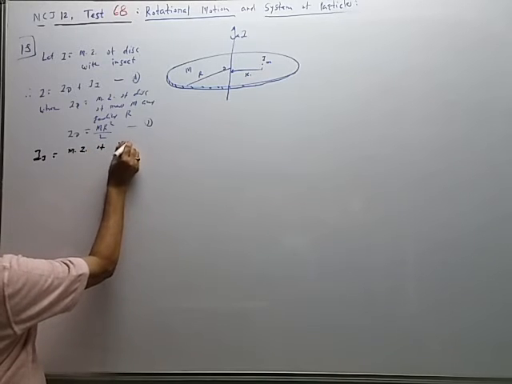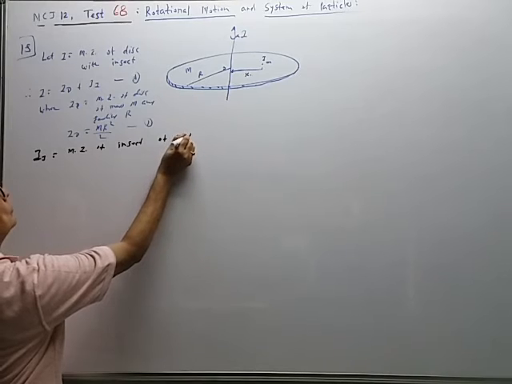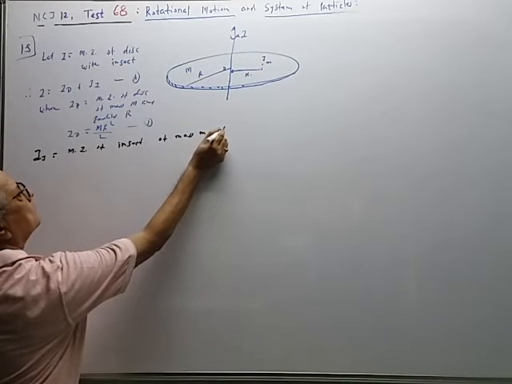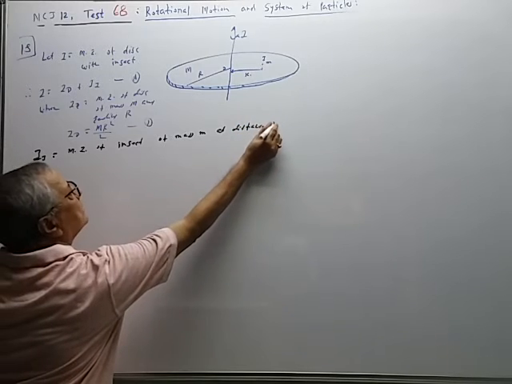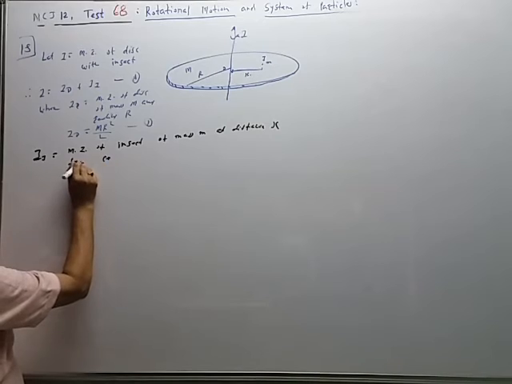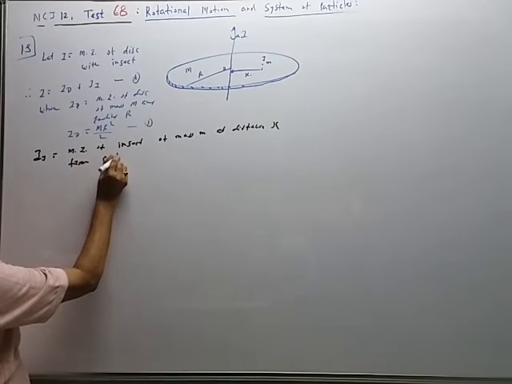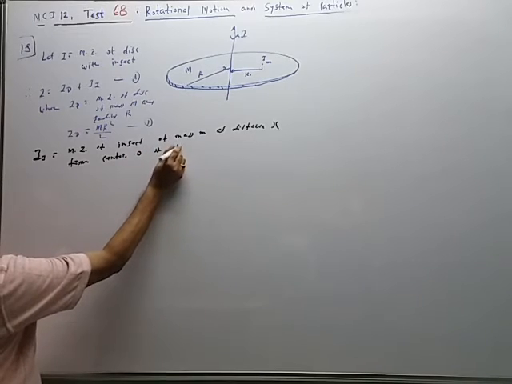Moment of inertia of the insect of mass m at distance x from center O of the disk.